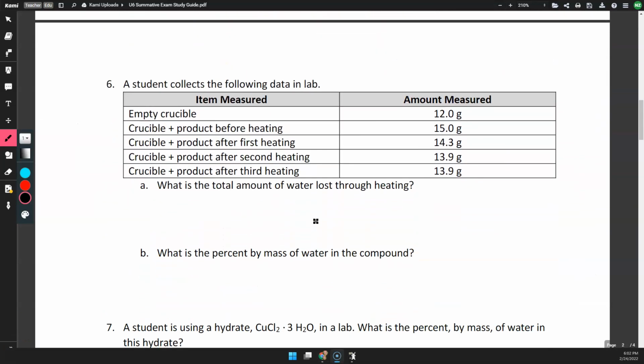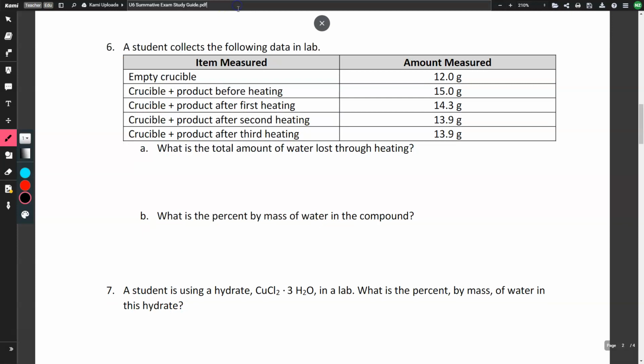All right, moving right along here. Number 6. So we've got a bunch of data here, and it's asking us a bunch of questions about it. So we've got a crucible. Remember, the crucible is those things that we heat stuff in. So we've got the empty crucible, and then you've got some mass in it.